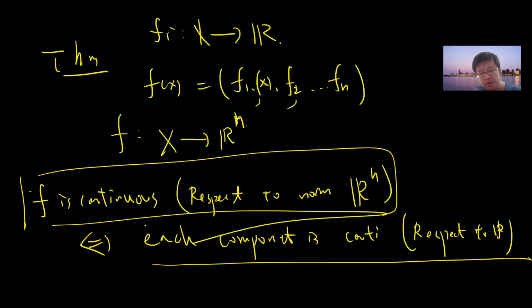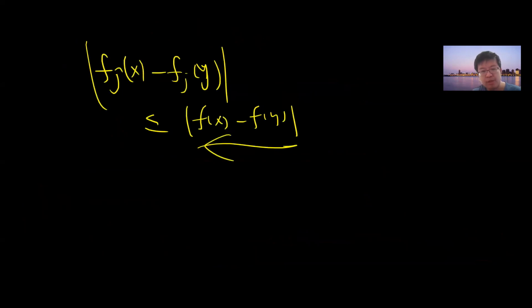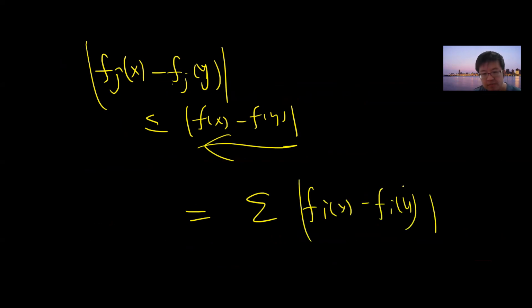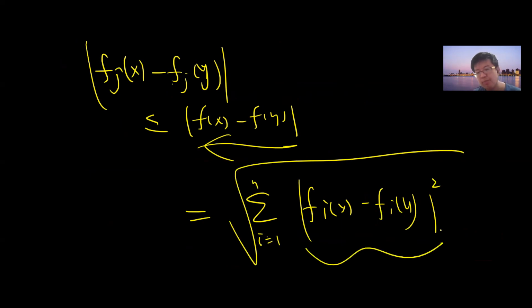This can be bounded by the whole distance, because there are other components, so the single component distance is less than or equal to the total. So if the whole is continuous, you can bound each component. Conversely, the norm is the square root of the sum of squares over i from one to n, so if you can bound each term, you can bound the whole. So the proof is just these two inequalities.